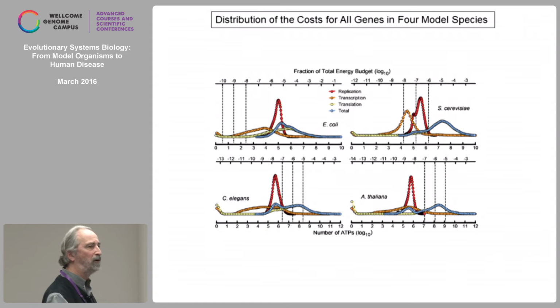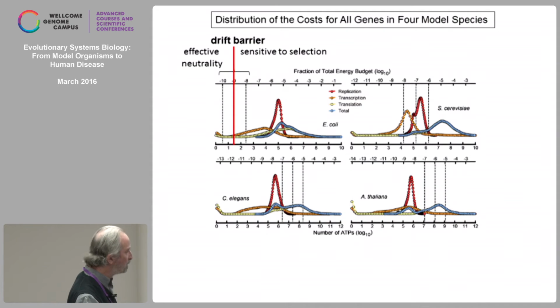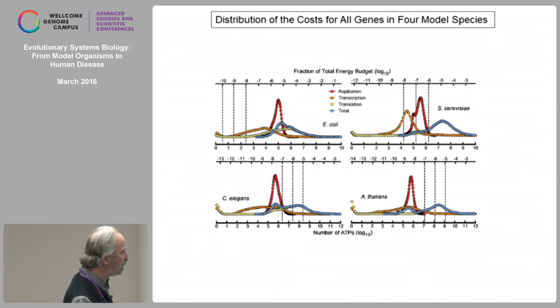How much ATP are you using to run that gene compared to the cell's whole energy budget? These lines over here measure the power of random genetic drift in E. coli. E. coli has an effective size somewhere in the neighborhood of 10 to the 9th, and I've padded it by an order of magnitude in both directions, just to give you a rough idea where we are.